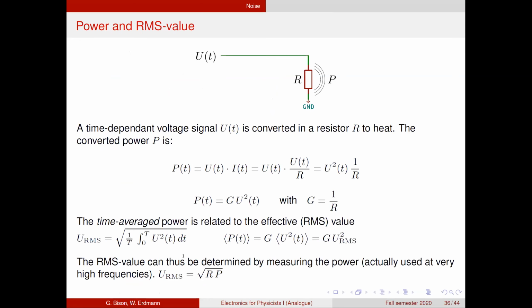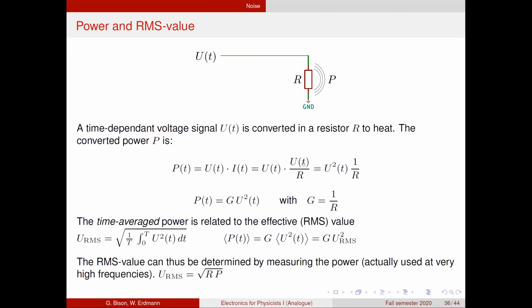Okay, so let's formalize this a bit more. If we have a time-dependent signal and we want to know what power is transmitted by it, the easiest way to do that is to convert it to power using a resistor and then measure the power. In formulas, simply the power as a function of time is, of course, the voltage times the current.